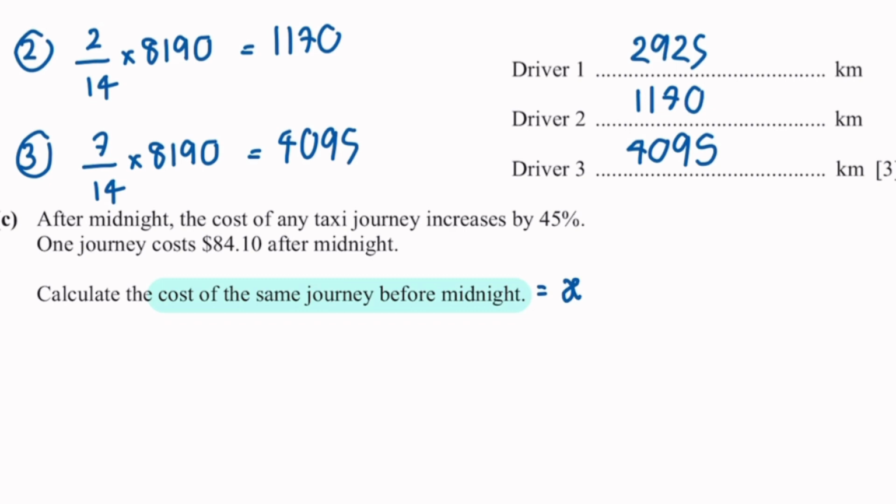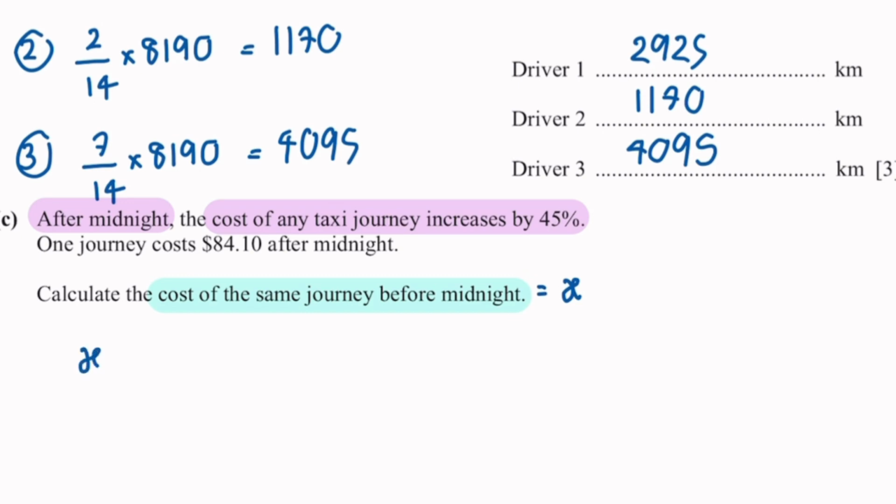So in the question, it says that the cost of any taxi journey increases by 45% after midnight. So it increases by 45% from the same journey before midnight.